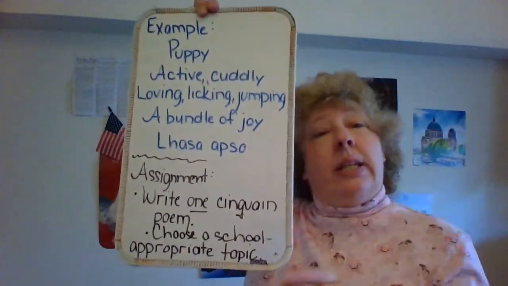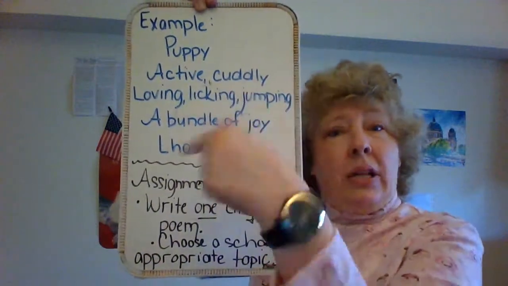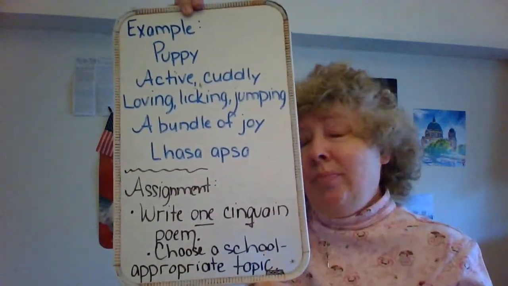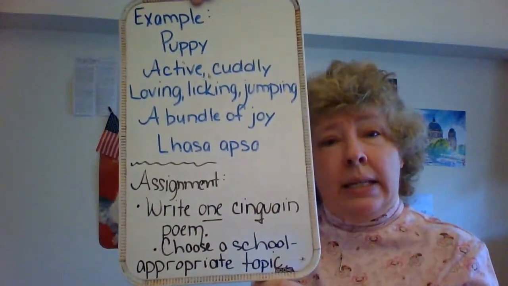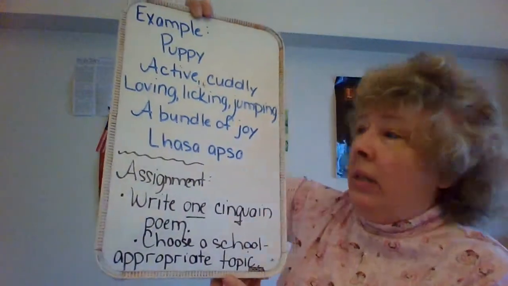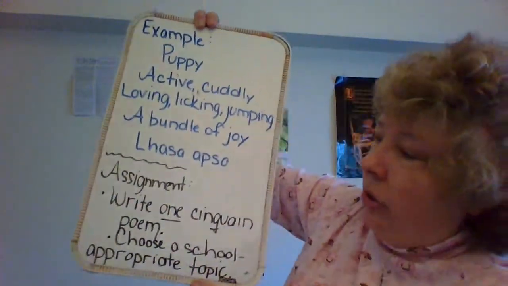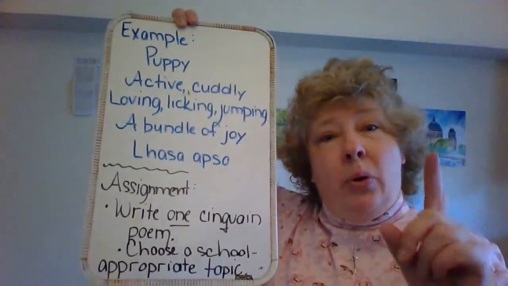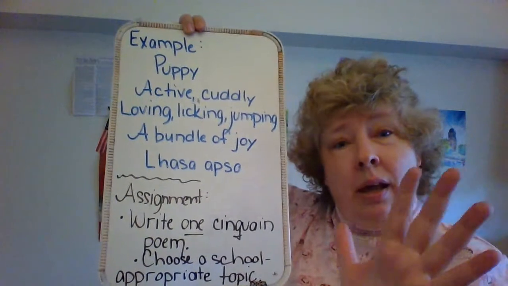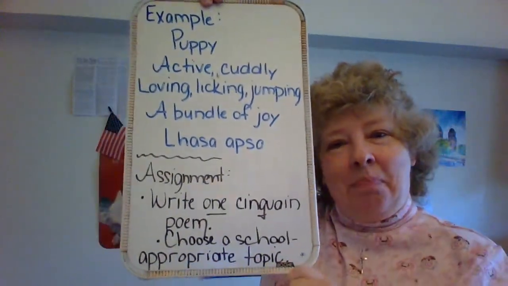I'm letting you choose it as long as it's school-appropriate, such as about a dog, a cat, your best friend, perhaps a vacation spot. Okay, school-appropriate. So again, something like this. So you're writing one Cinquain poem. 1, 2, 3, 4, 5. 5 lines. Okay?